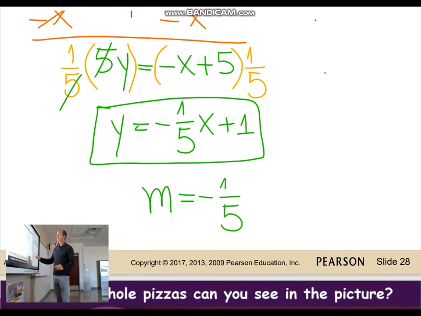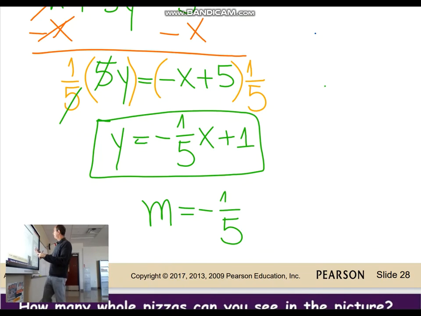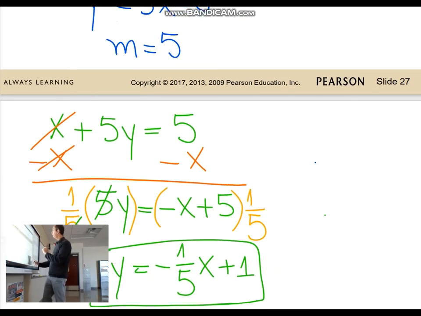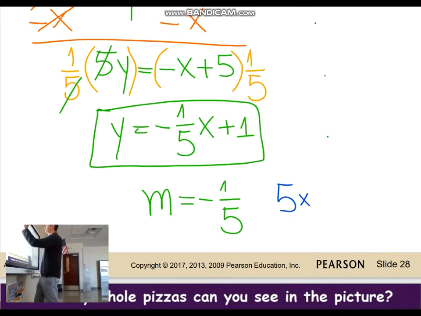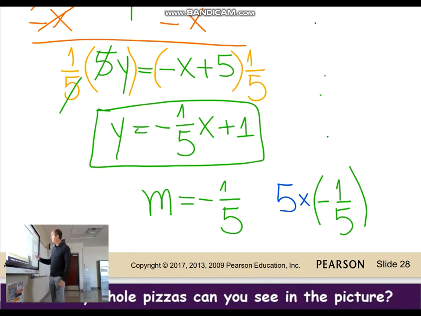If you compare to m, the previous one, they are different, right? m equals 5, m equals negative 1/5, but you can multiply 5 times negative 1/5.